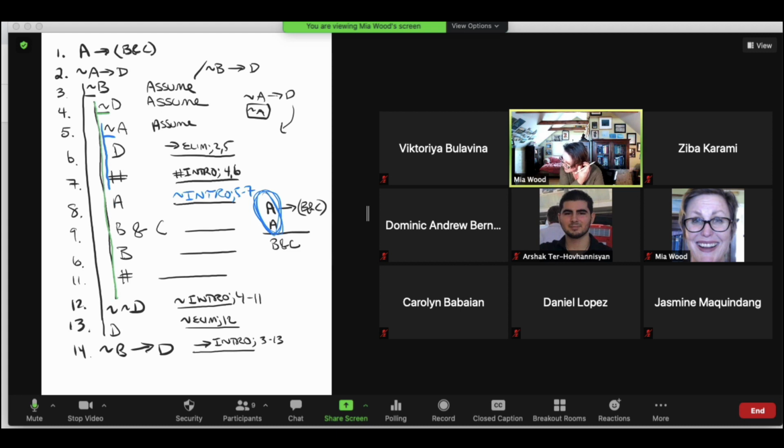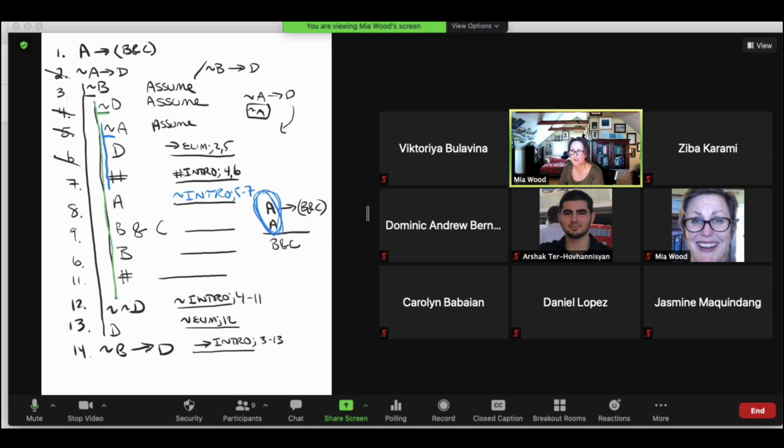All right, so then once we've gotten out of that subproof and we've got A, how did we get B conjunction C? So here's what we've used so far. We've used 2 and 5. We've used 4 and 6. What else do we need to do?